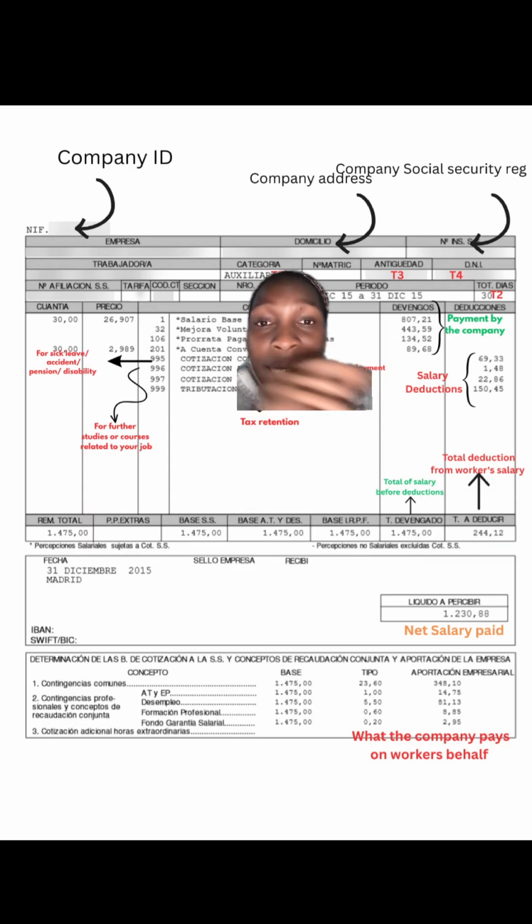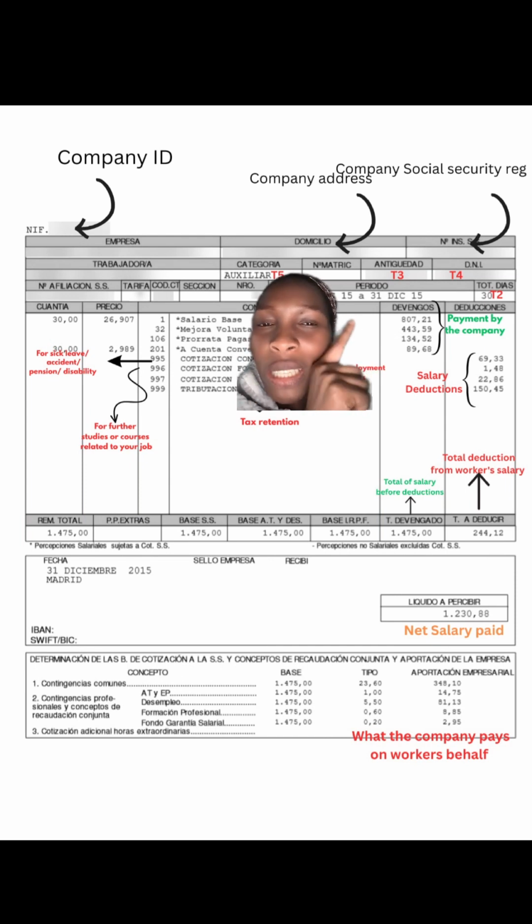What happens is some companies, when you take a baja and it's a long baja, like more than 1 week, they cancel your contract. They tell you, oh, we are doing something, then they cancel your contract. And then when you come back from baja, they give you the alta again. So now on your nominal, it's going to change to the new alta they gave you.